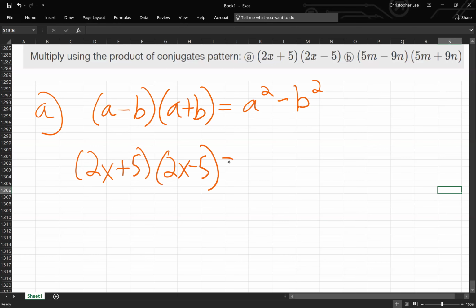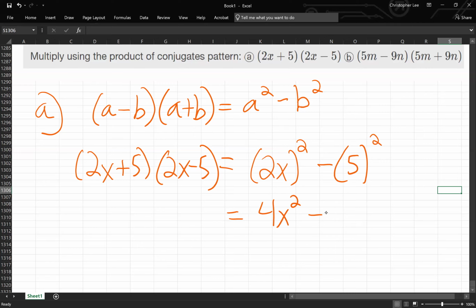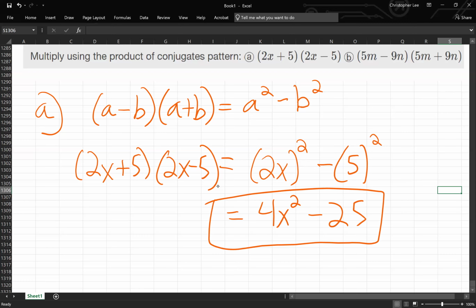I'm just using the trick. Again, you don't gotta memorize the trick, I just want you to use one method. Anyway, this is gonna be 2x squared minus the b term, which is 5 squared. A little bit of math. This is 4x squared minus 25. That's my answer. All right.